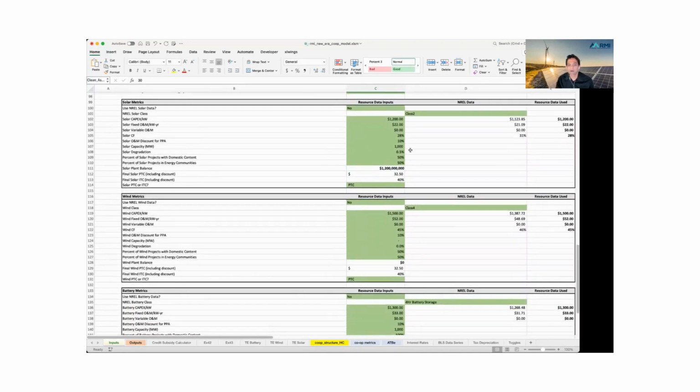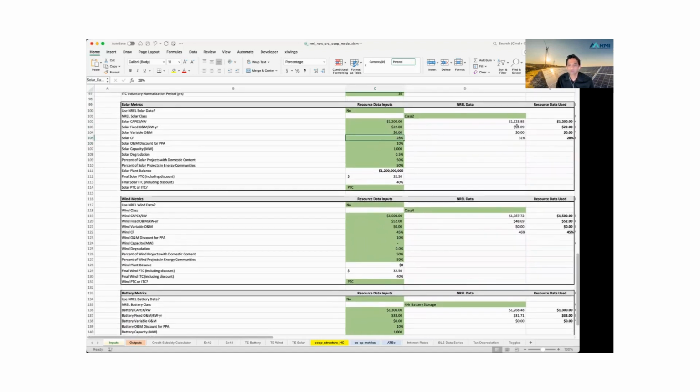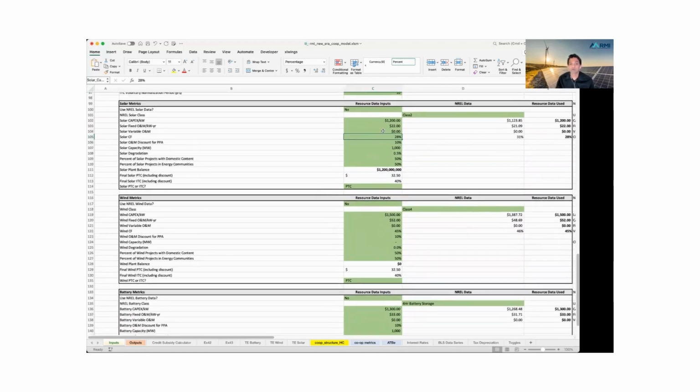Indeed, in the current version of the model, I have chosen to override and use some manually entered amounts. Note further that all of these amounts entered here, as well as the data displayed, are intended to be nominal dollars in the year of installation or build. So these are in 2026 dollars in the current example. If you enter them in, please make sure to enter them in expected future dollars rather than in real dollars.